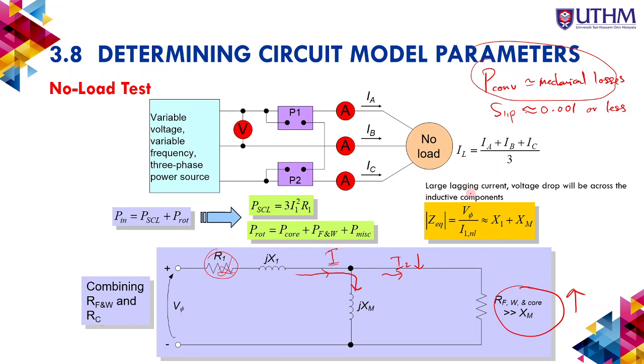Due to the large lagging current, the voltage drop will be across the inductive component. So we can find it like this.